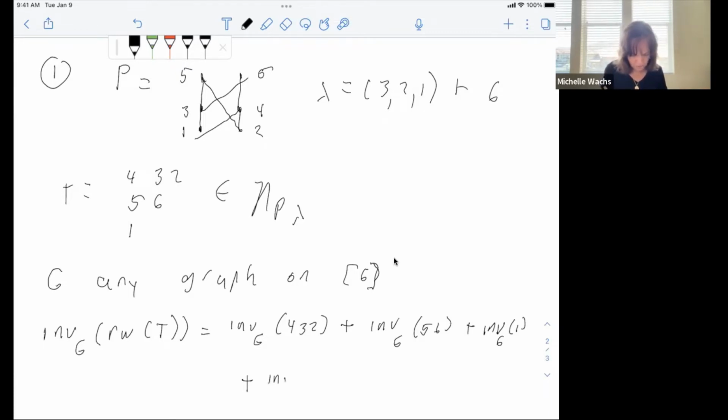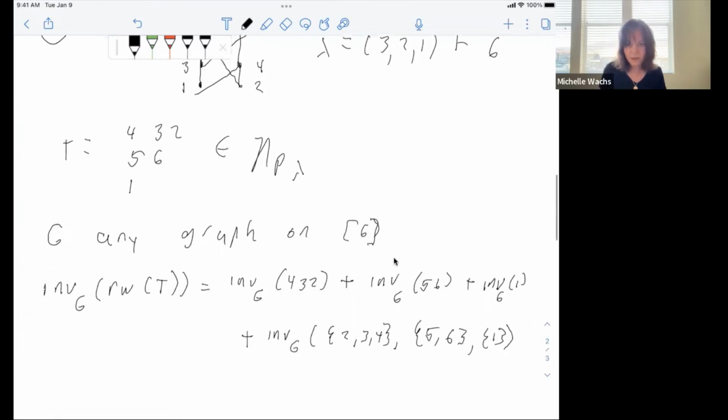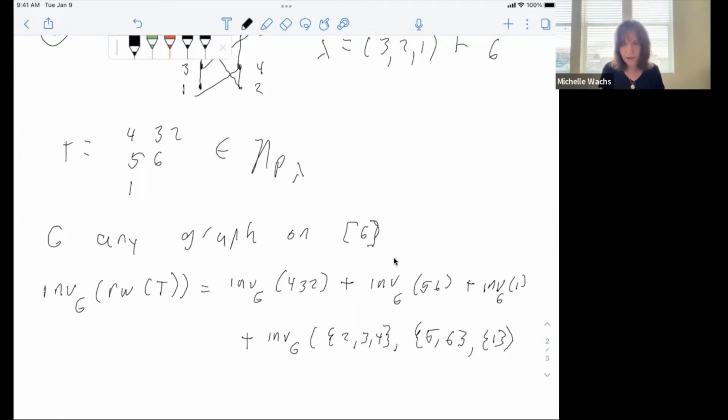So the G inversions, we'll call it, of the rows of T form a set composition. So that'll be 2, 3, 4, 5, 6, 1. So this is a set composition, like a set partition, only the order of the blocks matters.